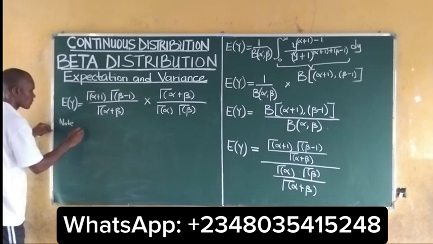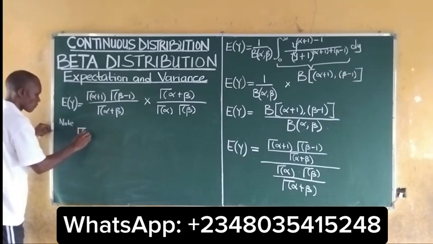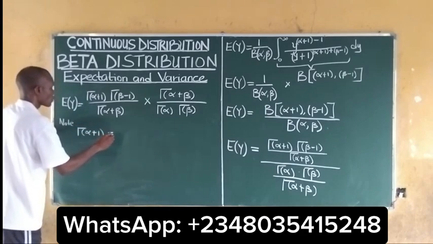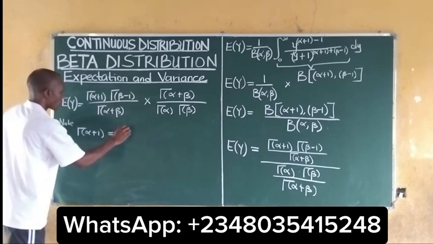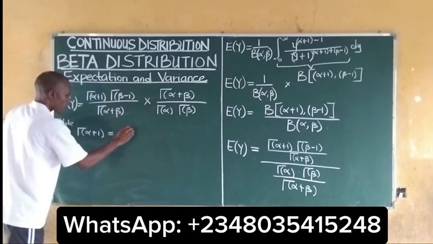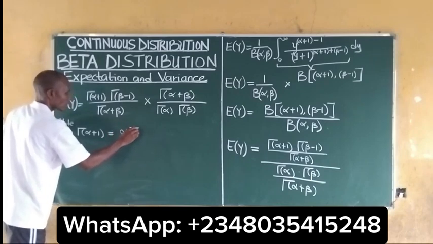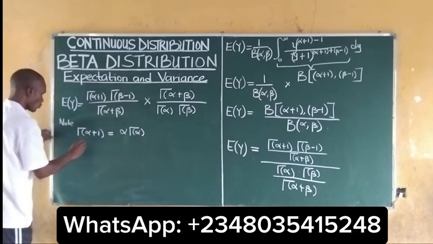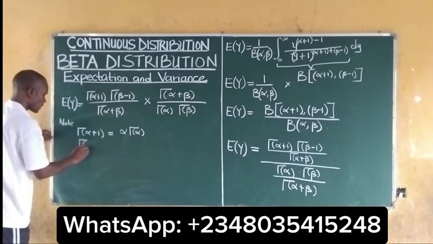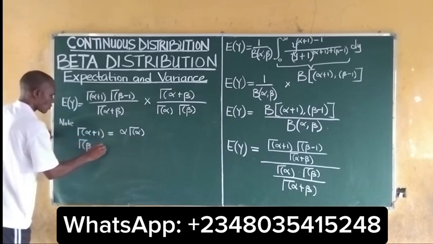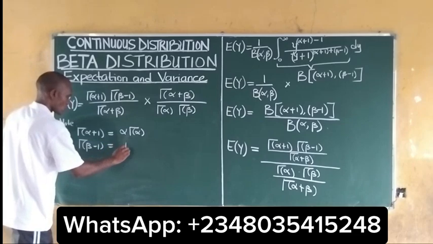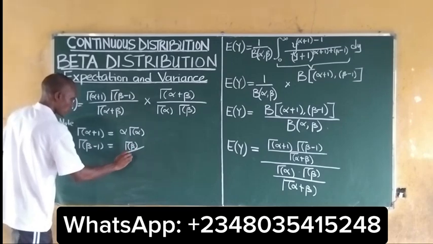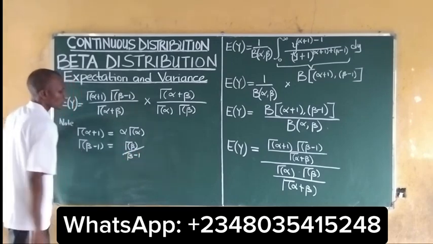We should note from the gamma property that gamma of alpha plus 1 is equal to alpha into gamma alpha. And we should also note from the gamma property that gamma of beta is equal to beta minus 1 into gamma of beta minus 1, so gamma of beta minus 1 is gamma beta all over beta minus 1.